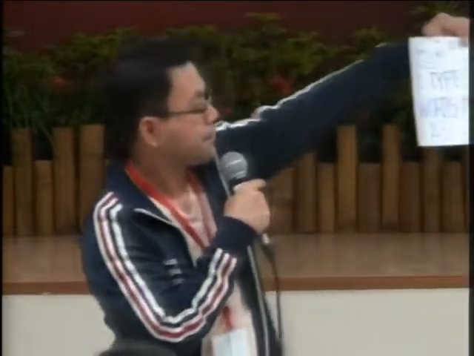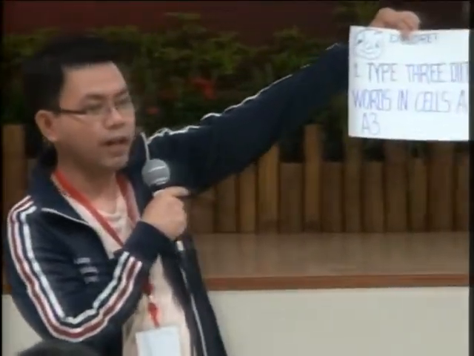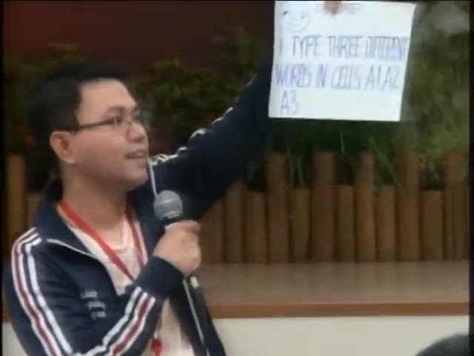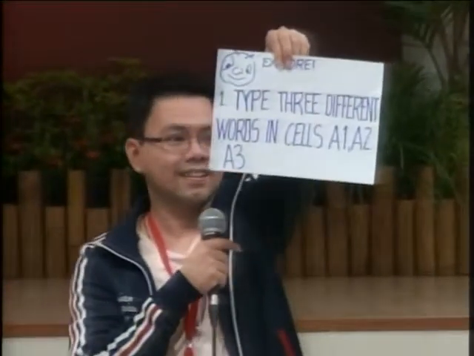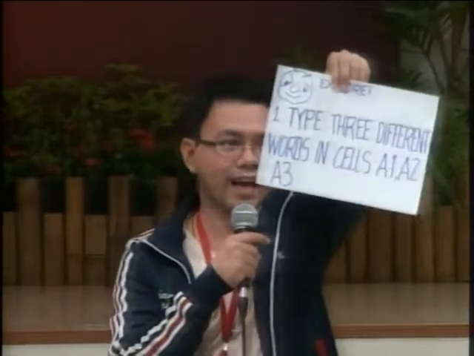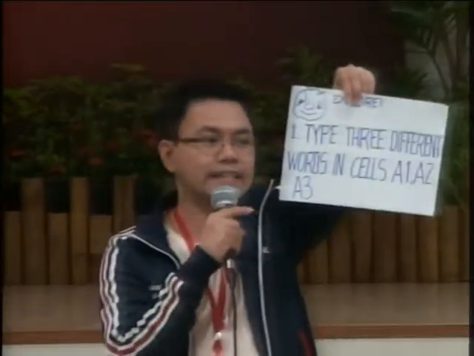And now, again, we will try to explore the Microsoft Excel. So please do this, class. Anyone can read? Do you see this, class? Please read. Okay, you can type any words in cell A1, A2, and A3.